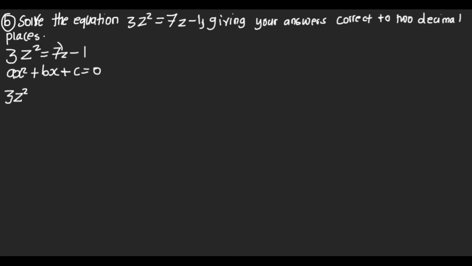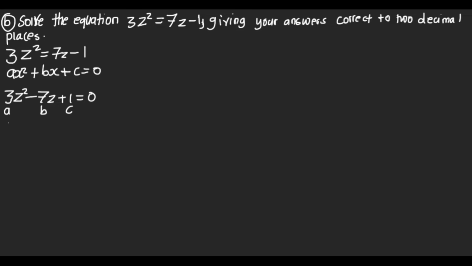Then this 7z will shift to this side, giving us negative 7z. Then our 1 will shift also to this side, giving us plus 1 is equal to 0. So after we've moved these to this side, the remaining part here is 0. So we have our a, b, and c. Then we can apply the formula.